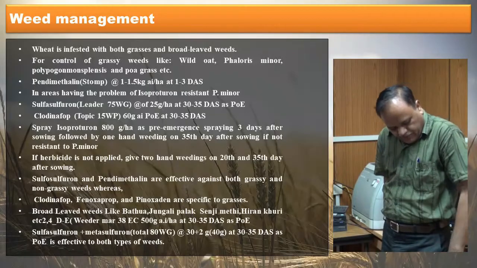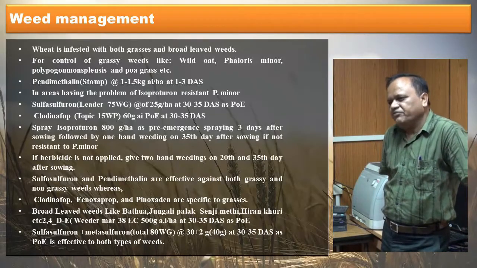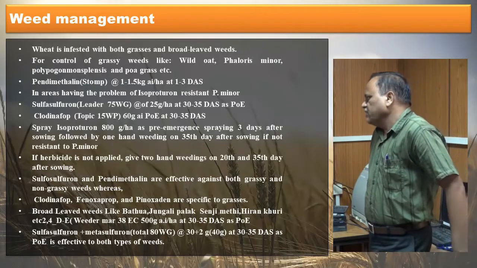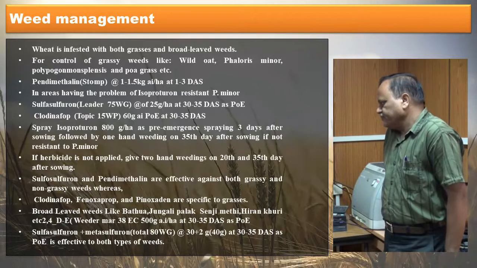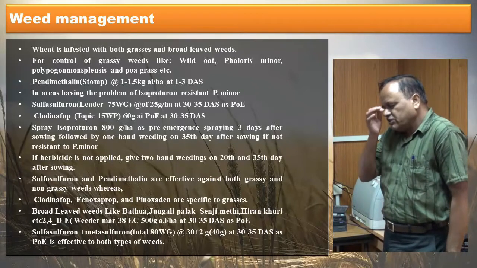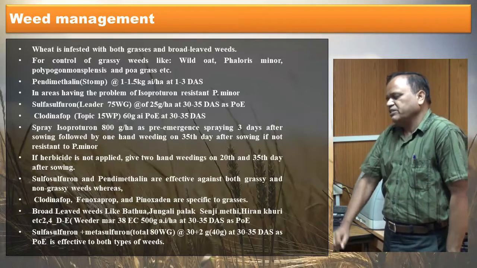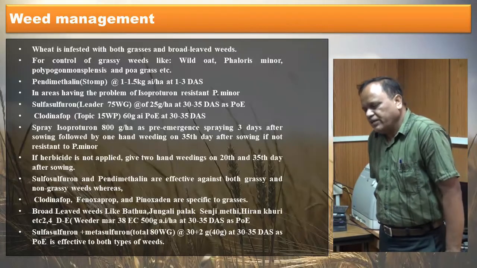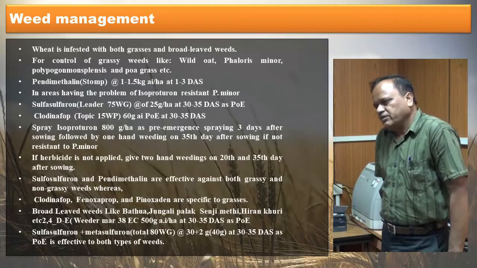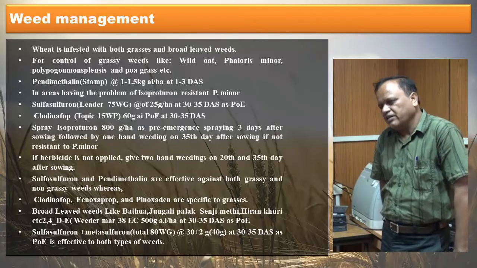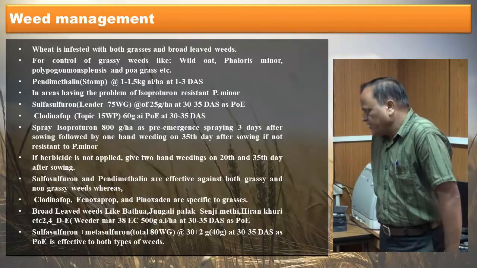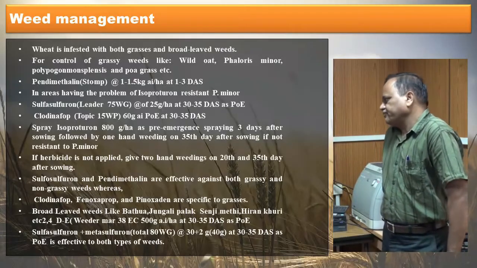Then at 30 to 35 days after sowing, 2,4-D should be applied as a post-emergence herbicide for the broadleaf weeds. So in Jharkhand, if we apply isoproturon as a pre-emergence and 2,4-D as a post-emergence, we can effectively control the weeds.